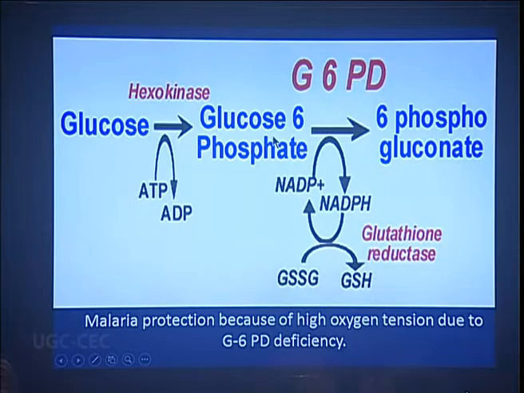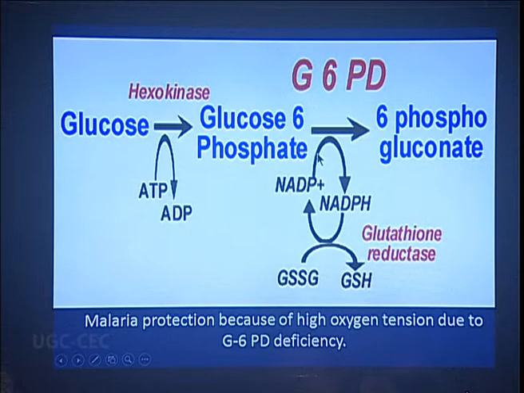They are protected. Why protected? Because that particular sickle-shaped cell is not allowing or accommodating the parasite inside. But they are not lucky enough, because anyway they are suffering from the severe anemia and they are having limited number of days in their life. But this type of persons who are producing G6PD, they are normal, they are having this particular malarial infection where glucose is converted to phosphogluconate.